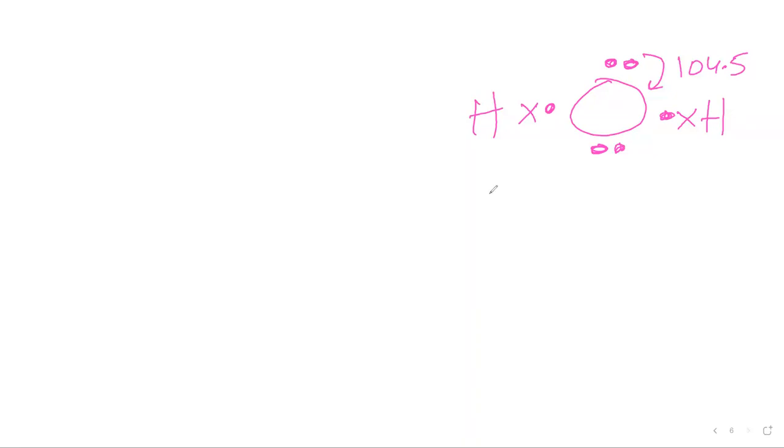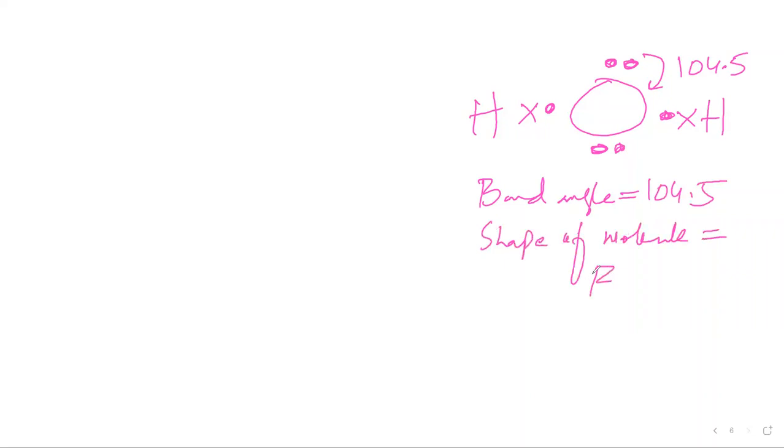So the bond angle becomes 104.5, while the shape of the molecule may be named as bent or angular. That is very simple, and there's a key which is given in your book as well as in the notes, from which you can easily identify it.